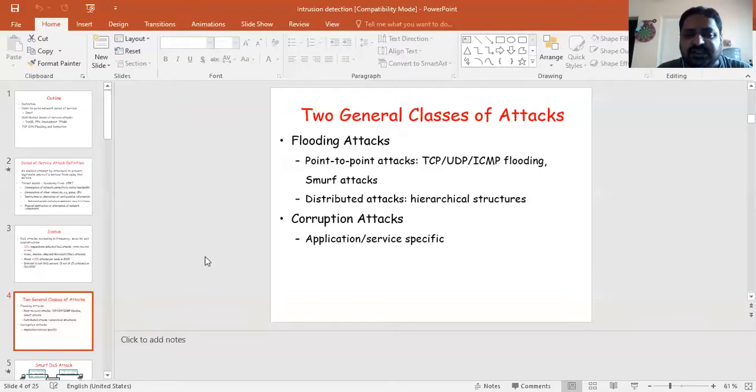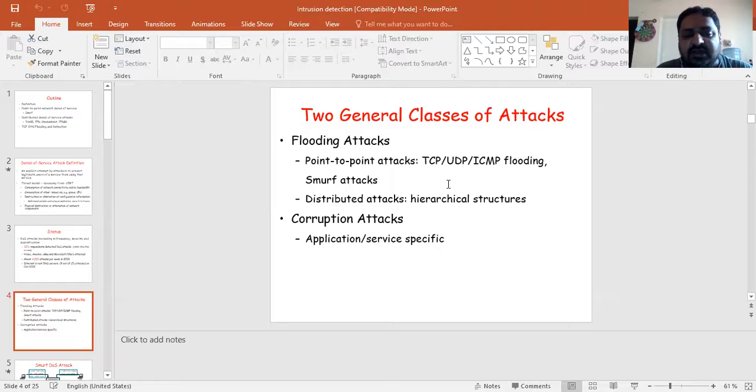There are basically two categories of such attacks here. The attacks that come in the category called flooding attacks consist of different types of attacks, like point-to-point attacks such as TCP, UDP, ICMP flooding attacks, Smurf attacks, and other types of distributed attacks, which are also called hierarchical attacks.